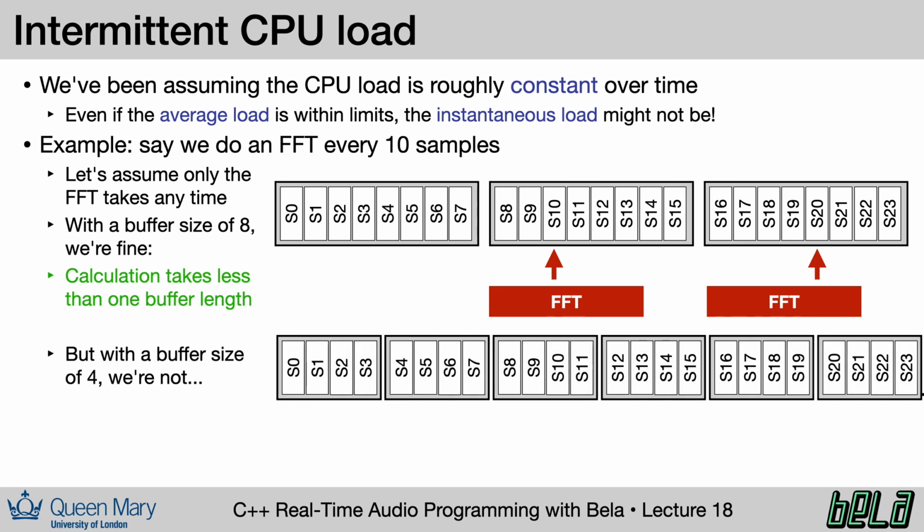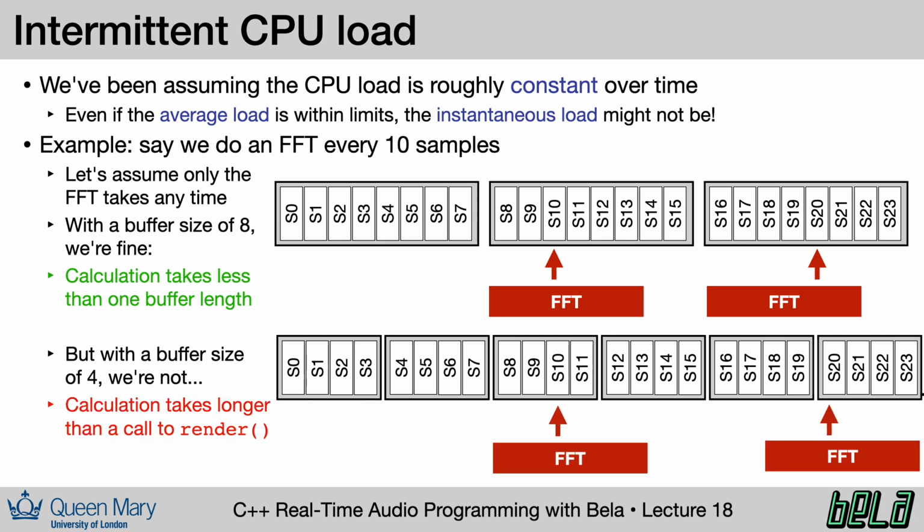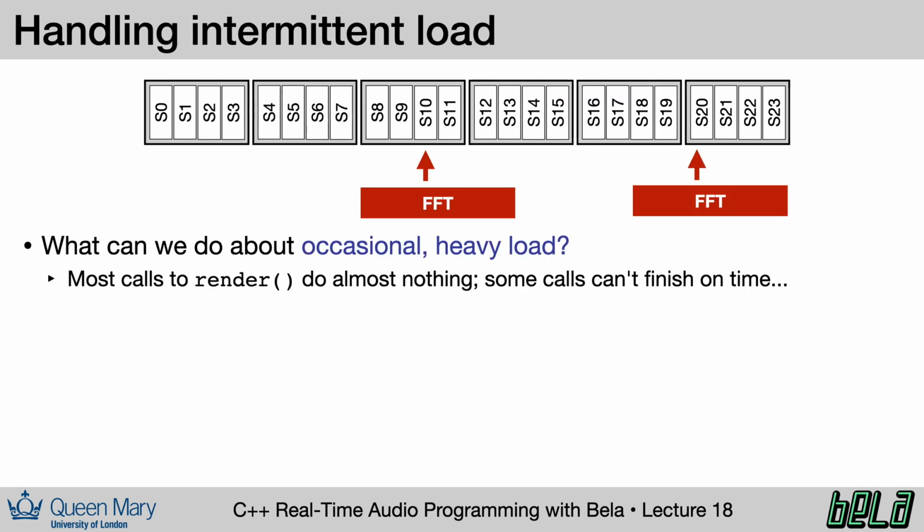However, if our real-time buffer size was only 4 samples, we have a big problem. The FFT takes longer to calculate than one call to render is allowed to run. So whenever the FFT takes place, we're going to end up with an underrun because we don't meet our real-time deadlines. So the problem is that we have a heavy CPU load that only comes up occasionally, while most calls to render actually do next to nothing at all.